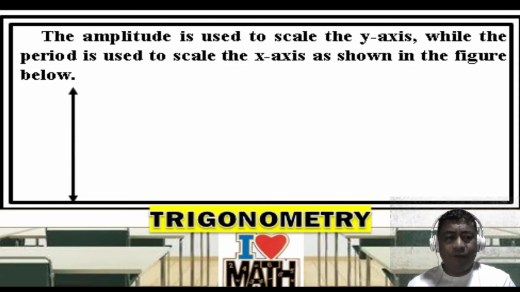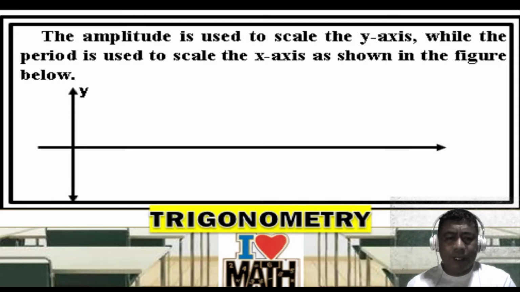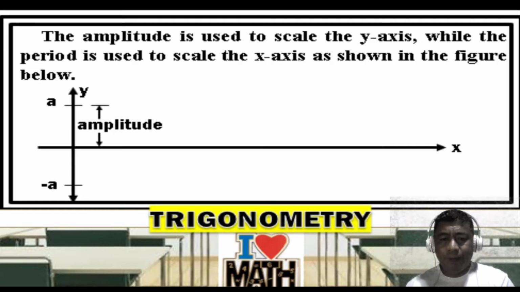So consider the figure below. Let's have the x and y axis. As you can see here, we have a and negative a, wherein from this point, we simply have the amplitude. The value of a is the amplitude.